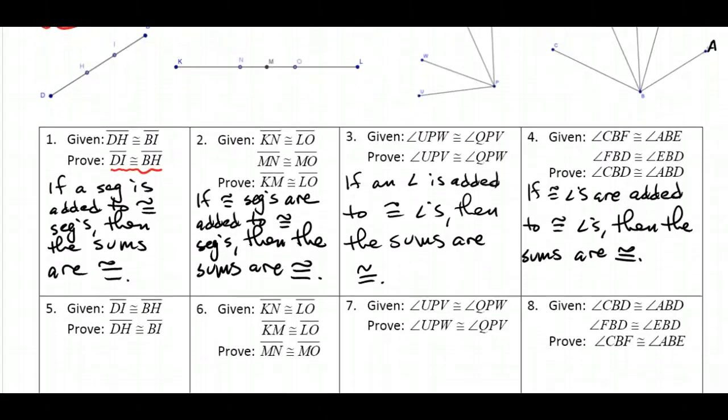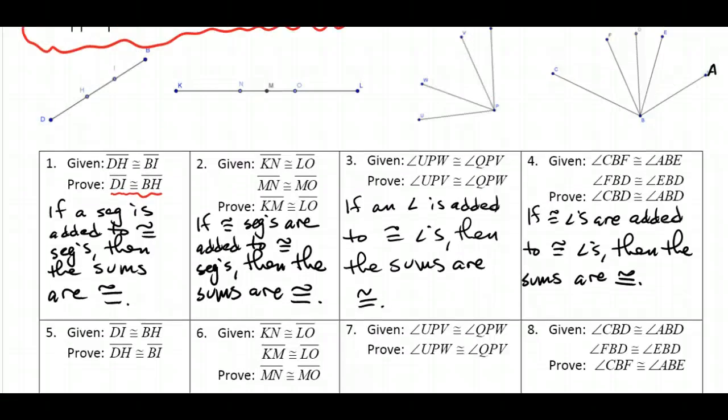Alright, so moving on to number 5, I've got that segment DI, so that's this one, is congruent to segment BH, and I want to prove that the smaller segments are congruent. So I can see if I take out this segment in the middle from the 2 bigger segments, I'll end up with what I want to prove.